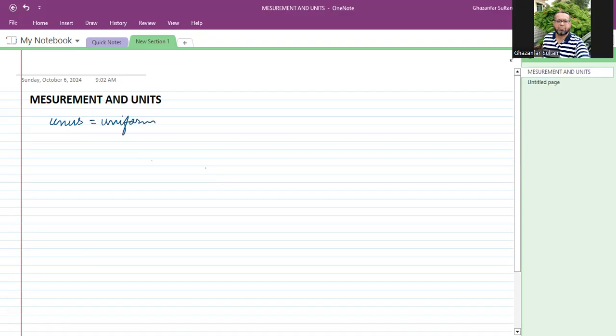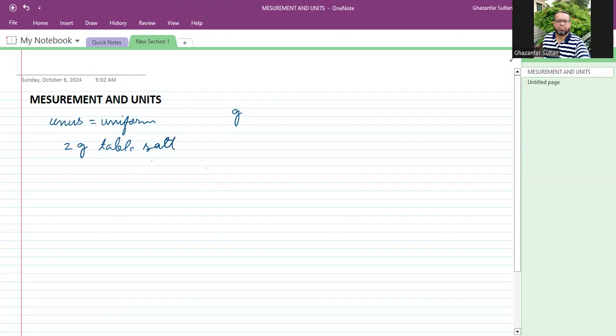So a unit describes a particular measurement. Even if the quantity is not written there, you can find which quantity is described. For example, gram is the unit of mass. So if I told you that I have 2 gram table salt, you can easily understand that it is the mass.